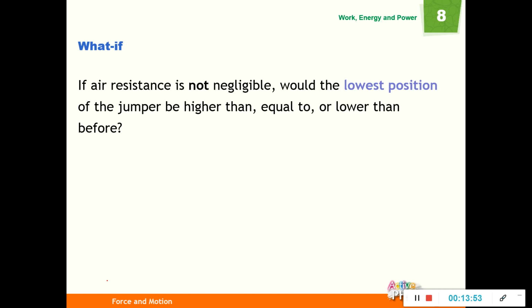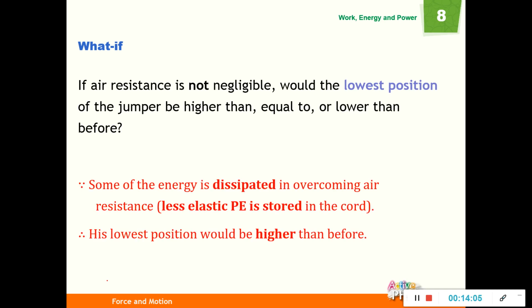How about this? If air resistance is not negligible, cannot be avoided, would the lowest position of the jumper be higher than, equal to, or lower than before? You should look at this. If we have the air resistance, it means that we have energy loss.